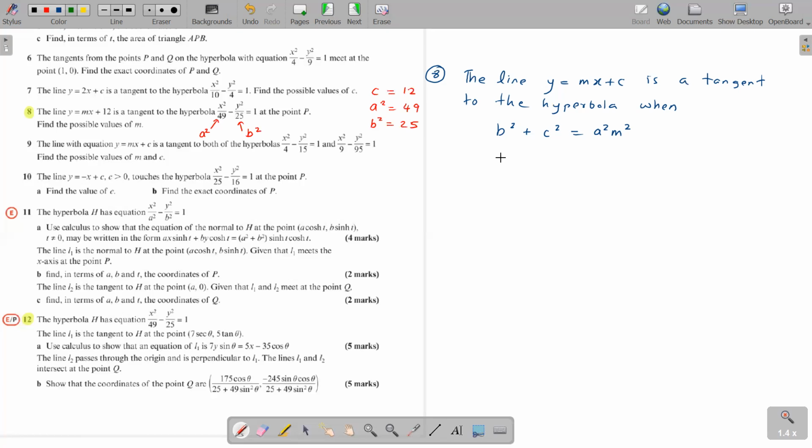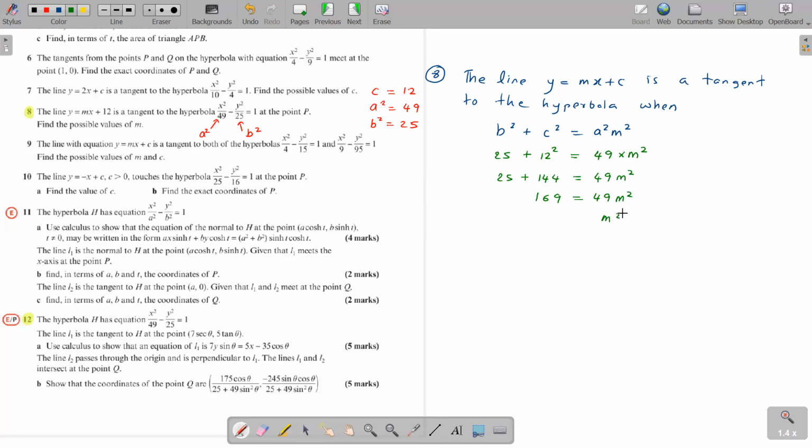Let's input b square is 25, c square, which is 12 square. A square is 49 times m square, which is what we are trying to find. 25 plus 12 square is 144, 49 m square. 25 plus 144 is 169 equals 49 m square.